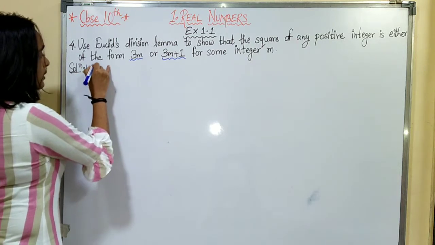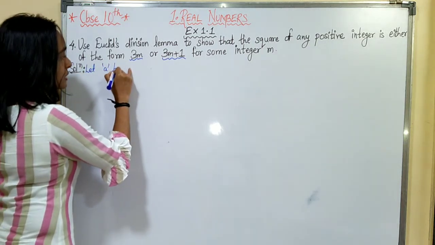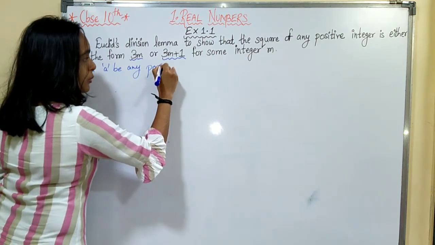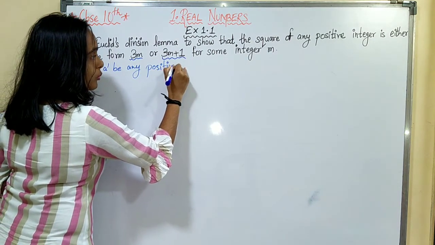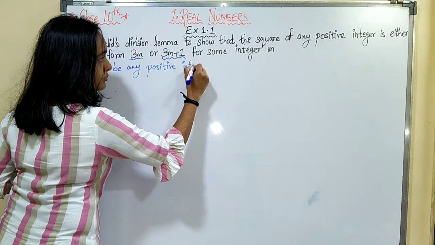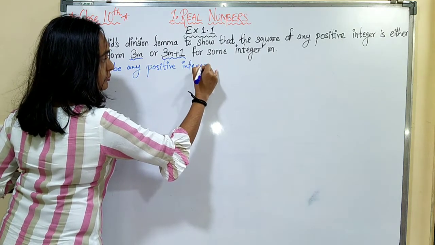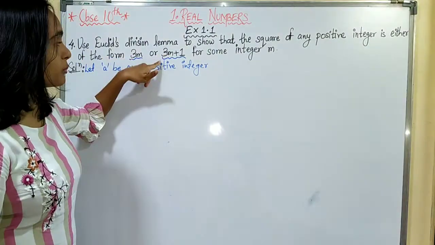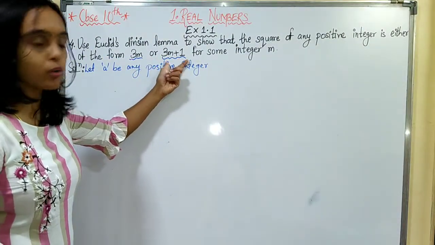So let a be any positive integer, and we have to divide it by 3 because we have to show it in this form.